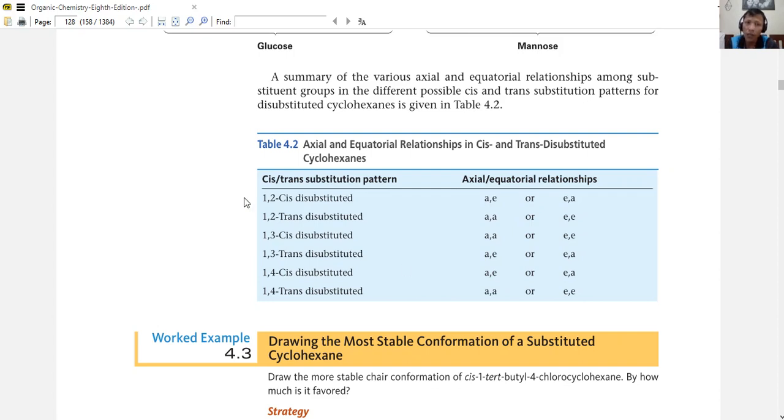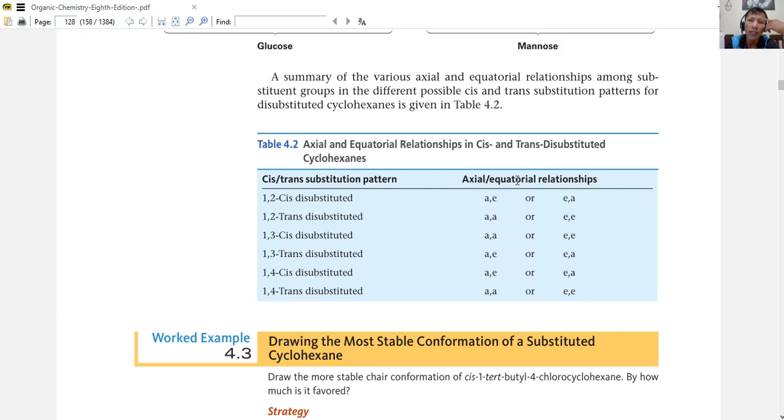So this is a cis and trans discussion in comparison with the axial and equatorial relationship. So for 1,2 cis and 1,2 trans, that is usually the normal. You withdraw cis if they are both up or both down. If trans, they're up and down.